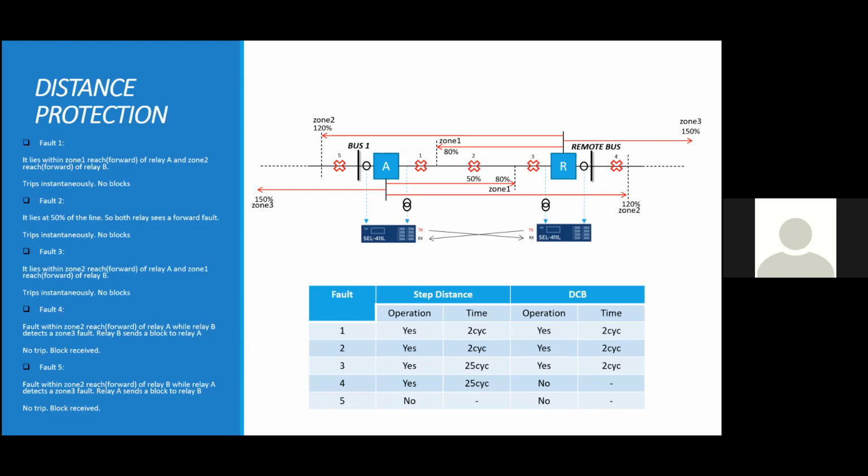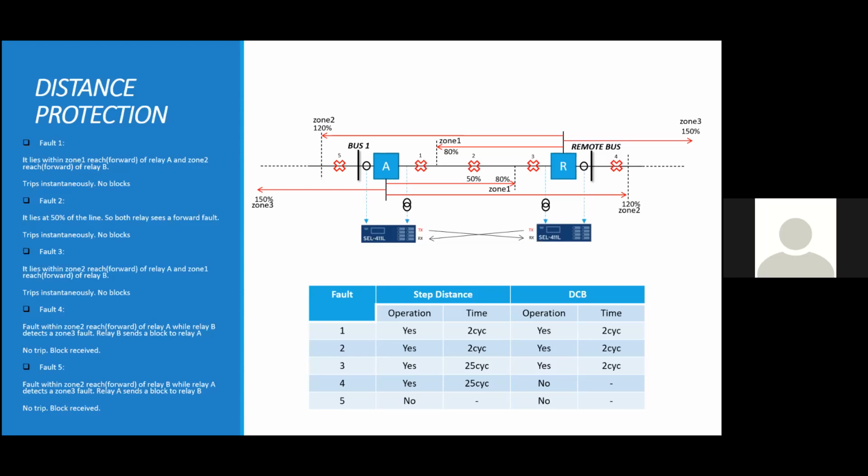So in a step distance elements based scheme, the breaker A is going to trip instantaneously, but the breaker R is not going to trip instantaneously as it sees the fault in zone 2, and the operation for that remote breaker is going to be delayed by about 20 cycles.